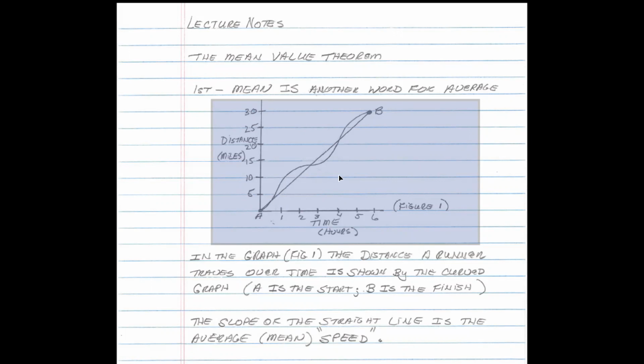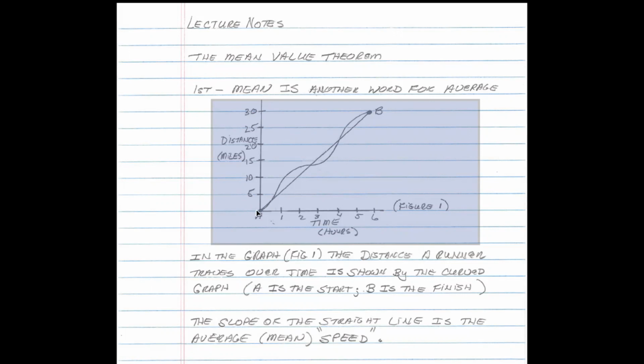Now, this runner went 30 miles in 6 hours. So the average velocity, or speed, of the runner is 30 divided by 6, or 5 miles per hour.